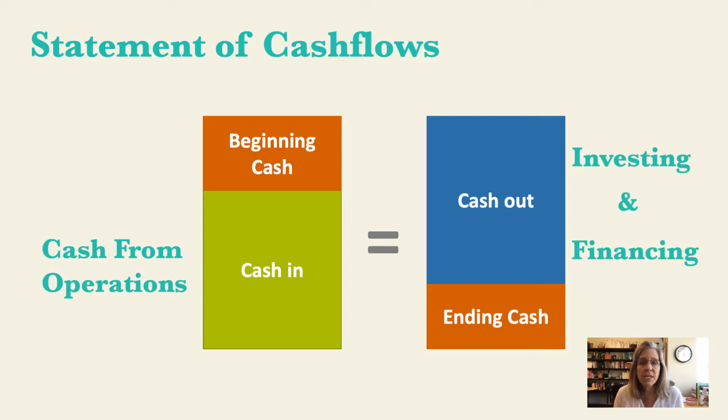And the other is financing, or the way that you're paying off your owners, whether it's liability owners or equity owners. So these are the ways that you're taking some of the cash that you're making and returning it to the owners. And then the difference between the beginning cash and the ending cash is the change in cash. And that's another aspect of the cash flow statement.